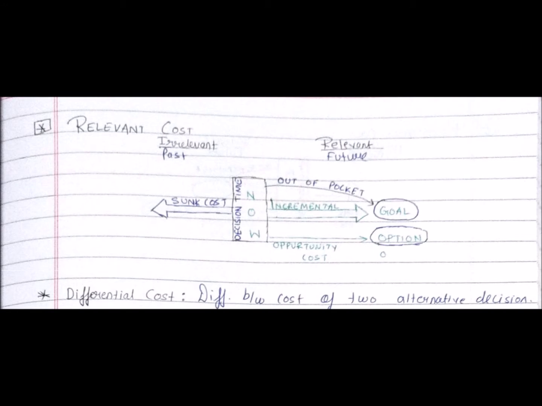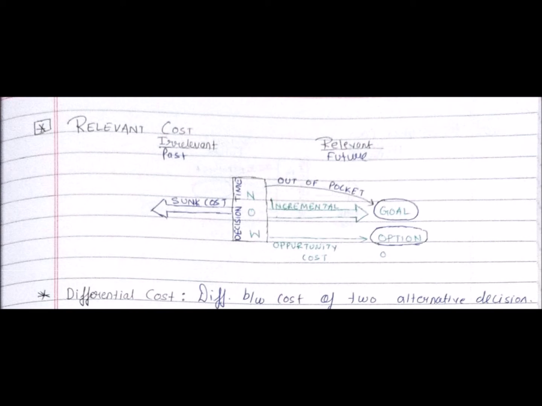So the concept of relevant cost. What is relevant cost? It's decision time. We have to make a decision to go on with the existing stuff or to buy this product. So now we have to consider different costs so that we know whether we should make that decision or not. One cost is sunk cost. Sunk cost has occurred in the past. We don't have to worry about it.